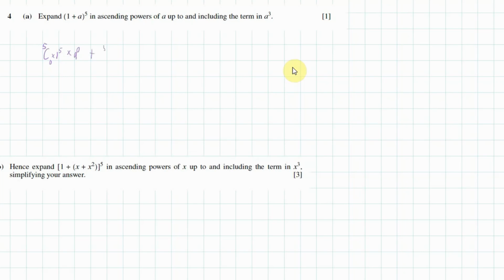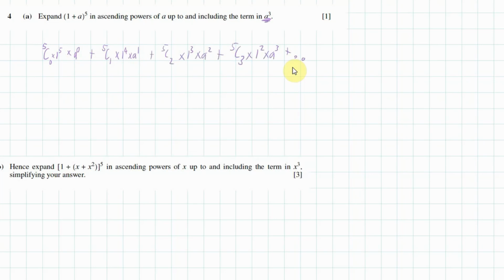We're going to add to that 5 choose 1 times 1 to the power of 4 times a to the power of 1, plus 5 choose 2 times 1 to the power of 3 times a to the power of 2, plus 5 choose 3 times 1 to the power of 2 times a to the power of 3, plus etc. We only need up to a to the power of 3.